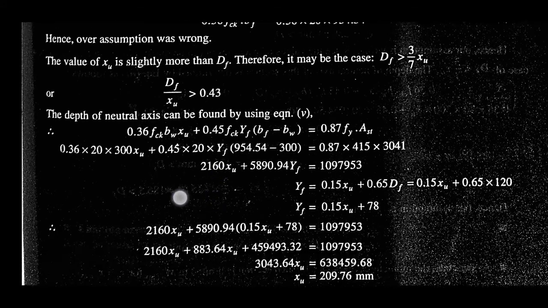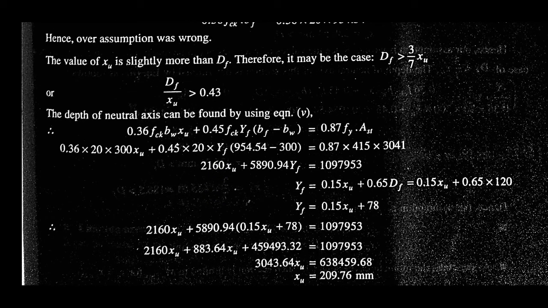We have to put that value in the equation. Therefore, 2160 XU plus 5890.94 within bracket 0.15 XU plus 78, is equal to 1097953. Therefore, 2160 XU plus 883.64 XU plus 459493.32 is equal to 1097953.